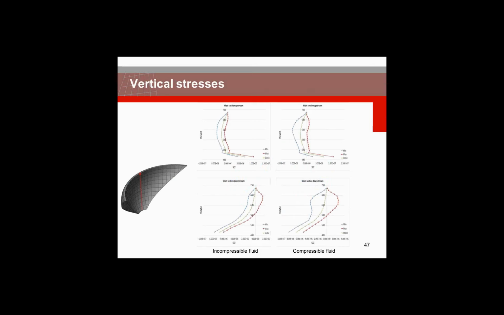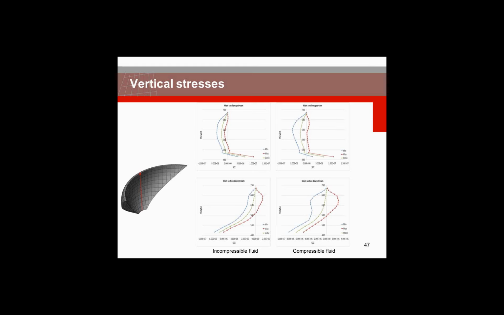The vertical stresses are compared for the incompressible and compressible case. In the left column we find the incompressible case, with the vertical stresses over the height along the red line we can see on the left side of the slide.